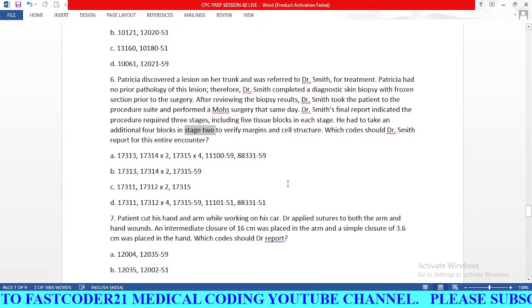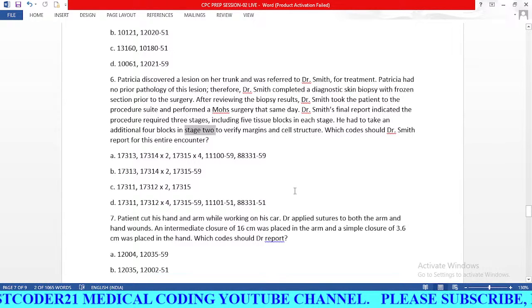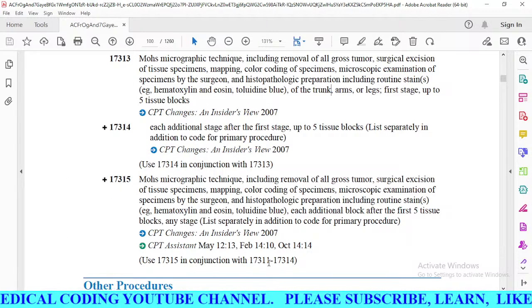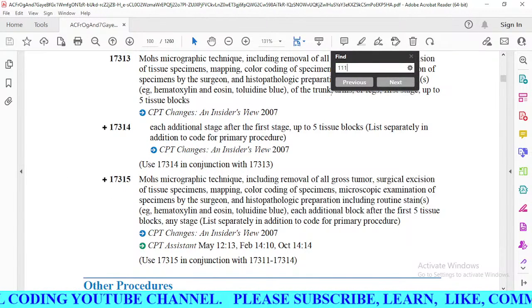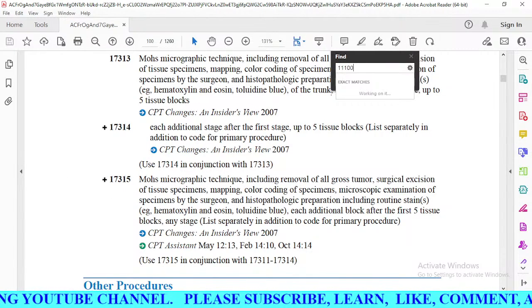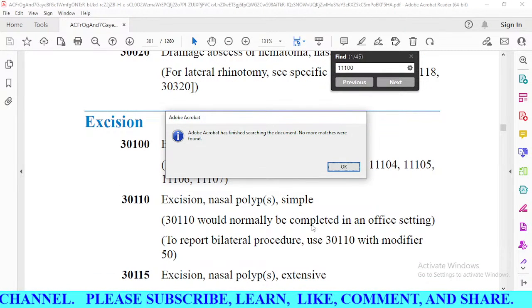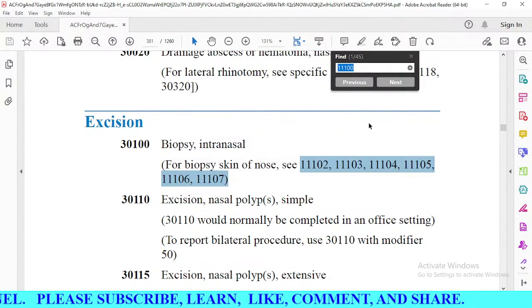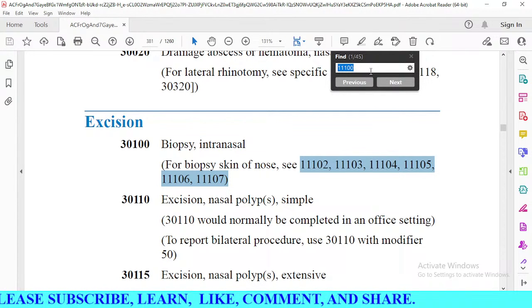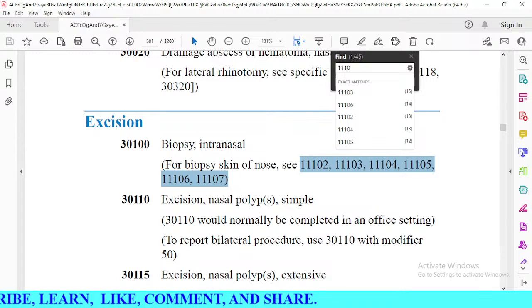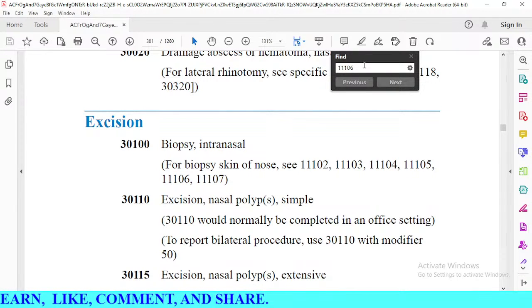So Vinaya will check what that is, 11100.